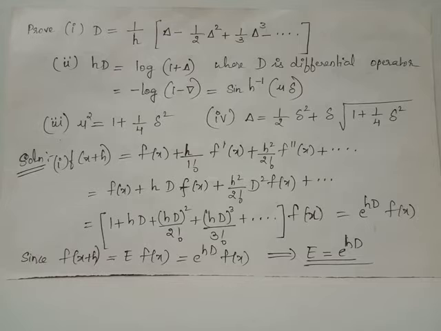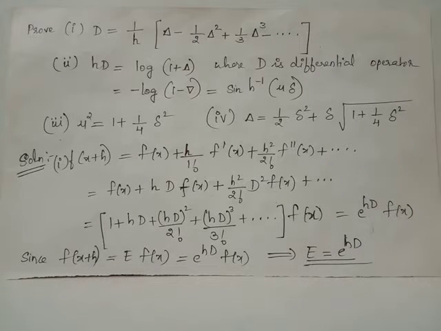We have e raised to x has the expansion 1 plus x square by 2 factorial plus x cube by 3 factorial plus etc. Replacing x by hD, we have e raised to hD equals 1 plus hD the whole square by 2 factorial plus hD the whole cube by 3 factorial plus etc. Thus, this square bracket can be replaced by the operator e raised to hD.